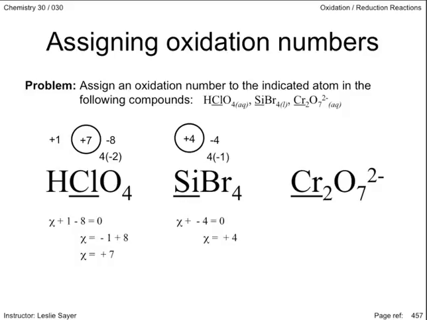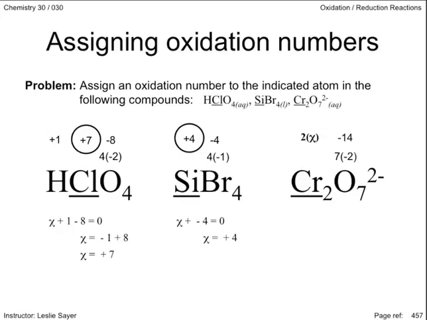The dichromate ion has a net charge of -2. We start out the same way, providing an oxidation number for the 7 oxygens. Each oxygen is -2. There are 7, so the 7 oxygens have an oxidation number of -14. The 2 chromium ions would share an oxidation number of +14 if we were dealing with a neutrally charged compound.